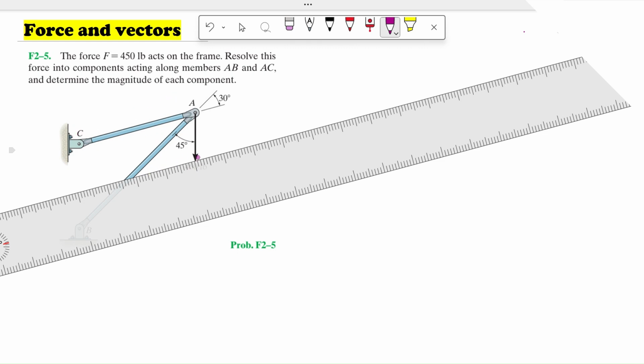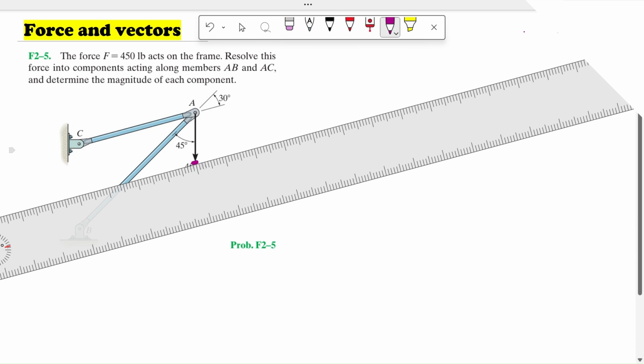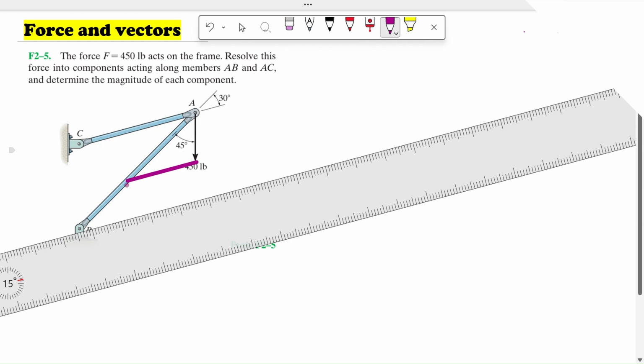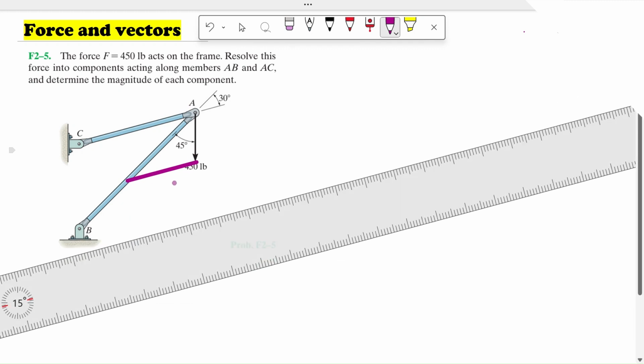Here we have the ruler. I will be drawing the parallel line and it touches the member AB. So this is basically the AC line, meaning the member force in AC. And from this point, from this origin, to this point, this is the member force AC, meaning I have drawn the correct triangle.